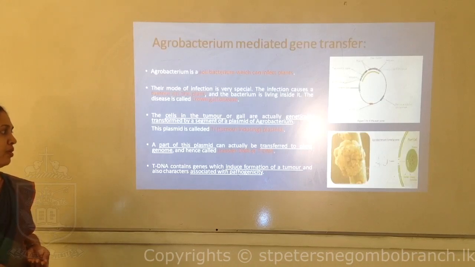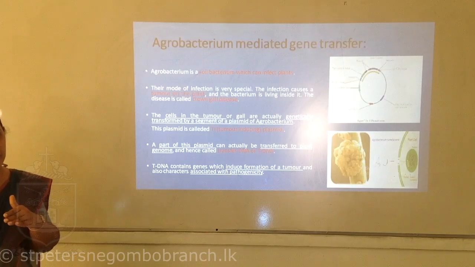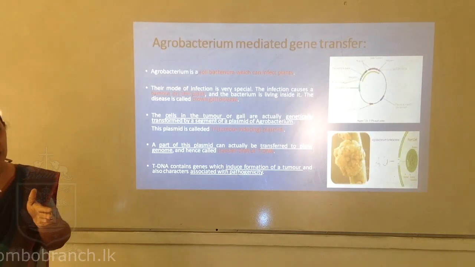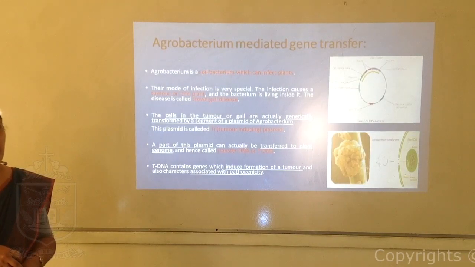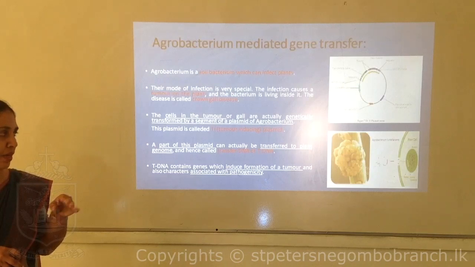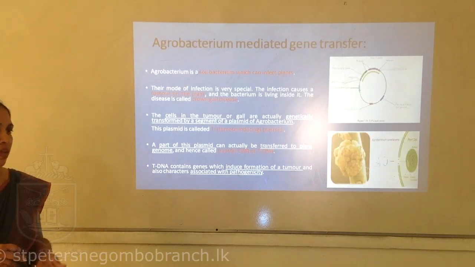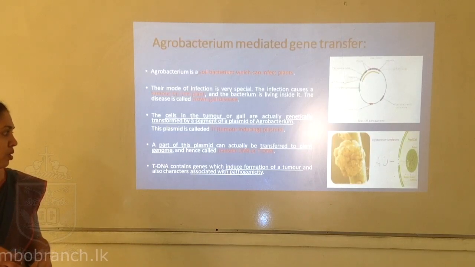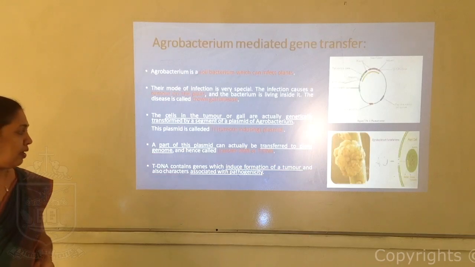When we do this technique, we insert that particular DNA segment into the bacteria. We actually get rid of the disease causing part of the bacteria, so the formation of the tumor is not occurring.